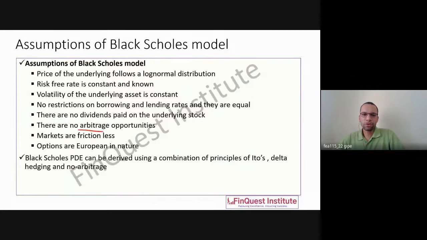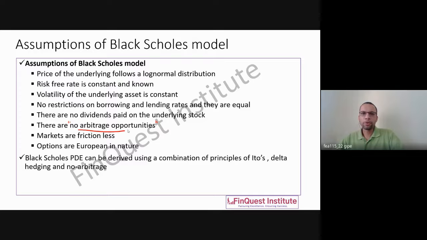In most of the derivatives theory which you study, no arbitrage opportunities is always one of the basic assumptions. So we assume that such arbitrage opportunities do not exist, and we are working in that arbitrage-free environment. The markets are assumed to be frictionless. We'll talk a bit about frictionless or continuous markets once we complete our workings on Black-Scholes.